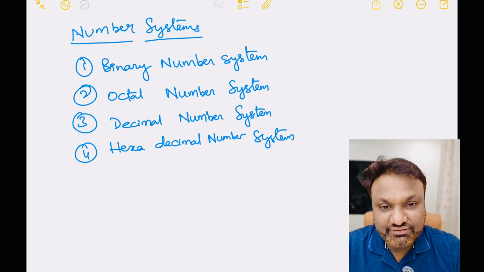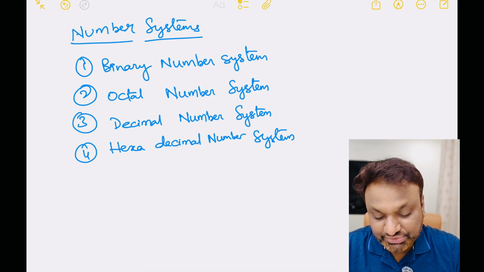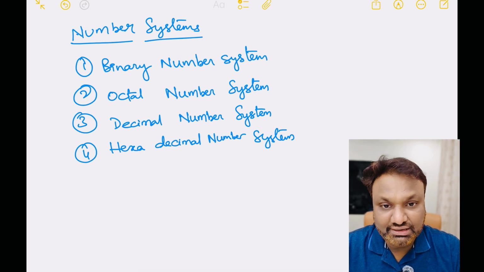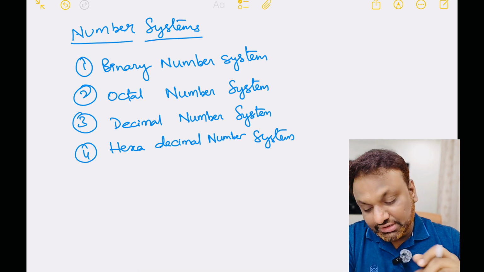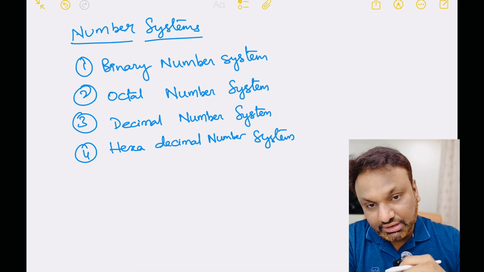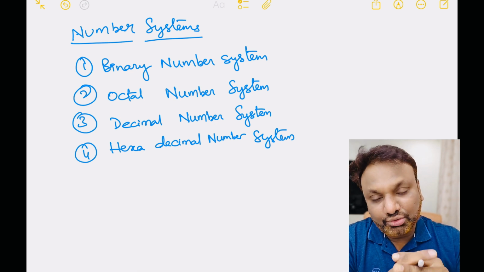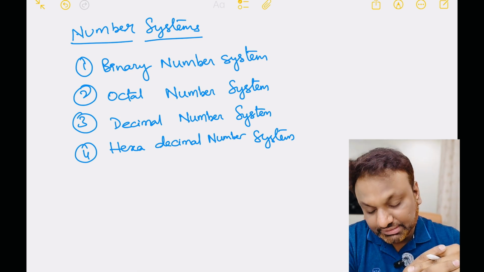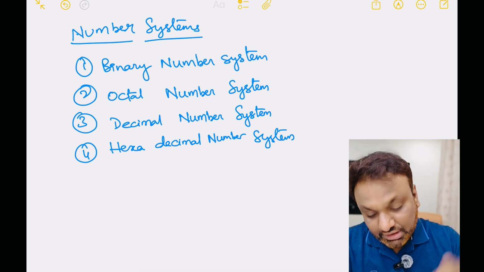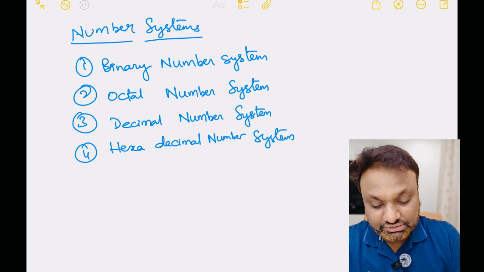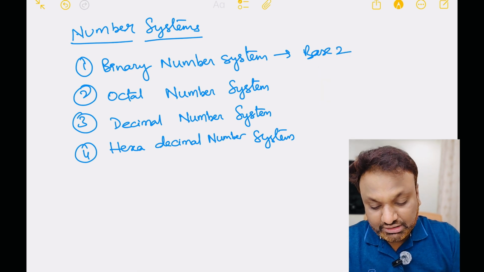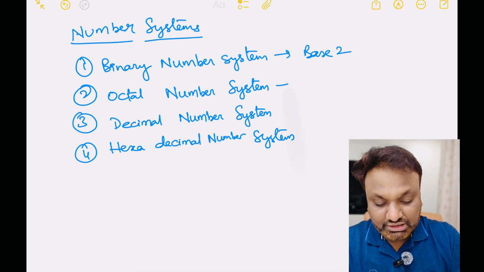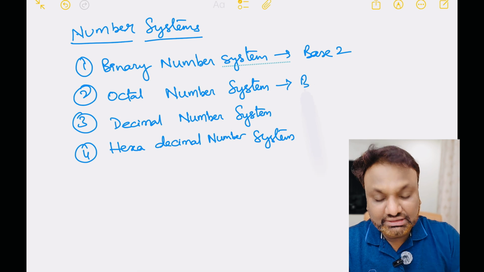In this lecture we are going to study the number systems which are used from the digital electronics perspective. In digital electronics, we have four types of number systems. One is the binary number system, also called the base 2 number system, and the octal number system, which is the base 8 number system.